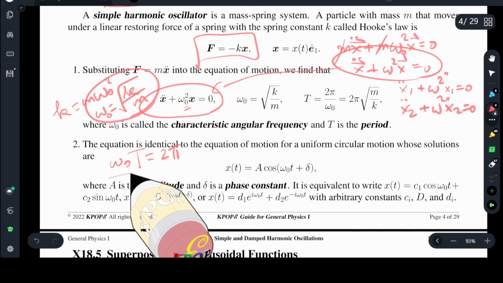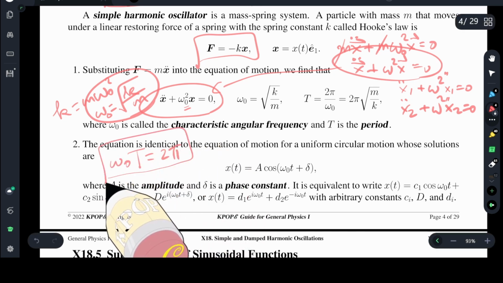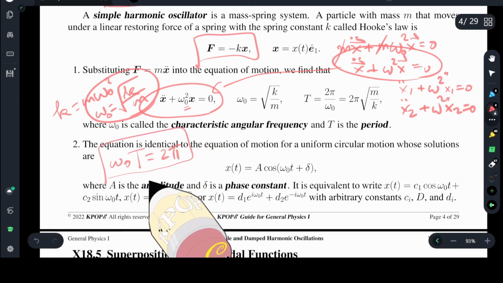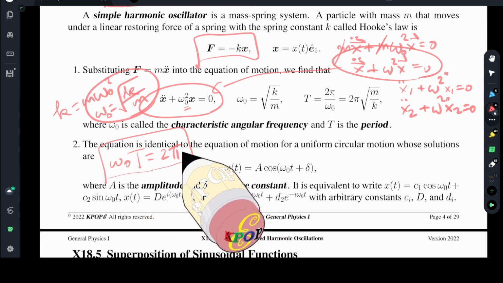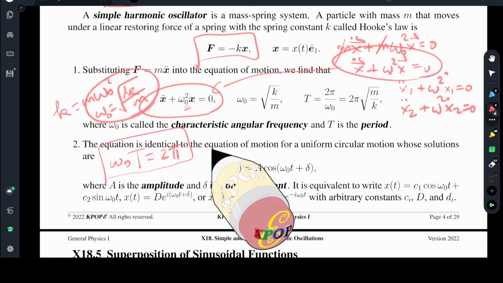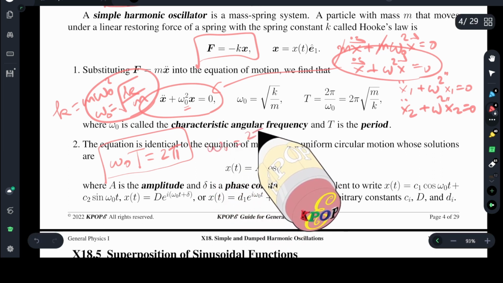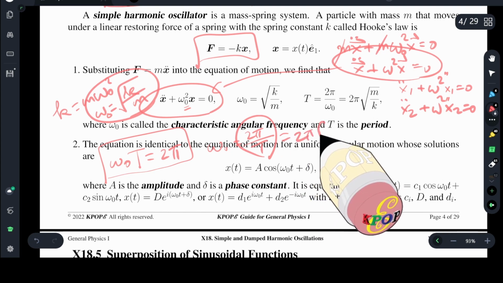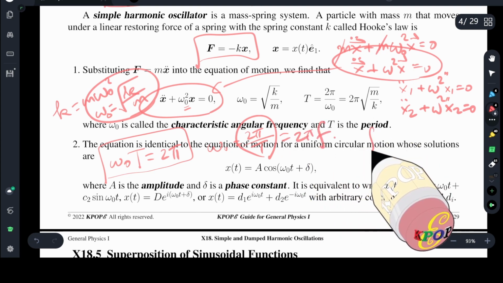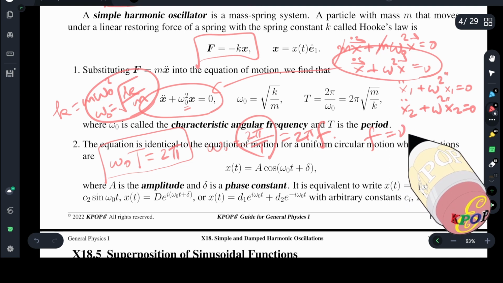So for a sinusoidal function, we have this relation. If we divide both sides of this equation, omega becomes 2 pi over period, or 2 pi times the frequency. The frequency can also be written in the form of nu.